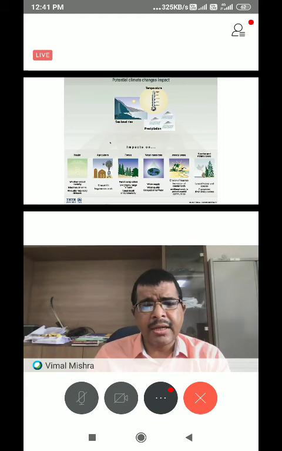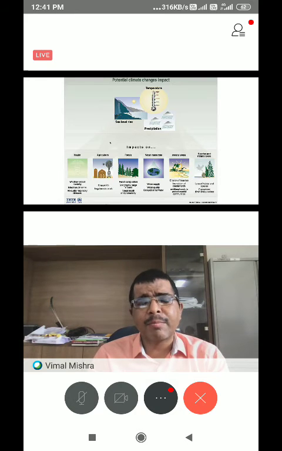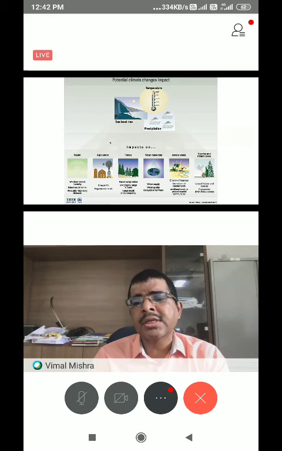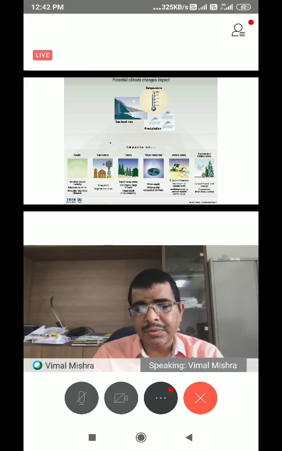This slide gives you an idea of what kind of effects we can see because of climate change in temperature, rainfall, and sea level rise on health, agriculture, forest, water resources, coastal areas, and so on and so forth.